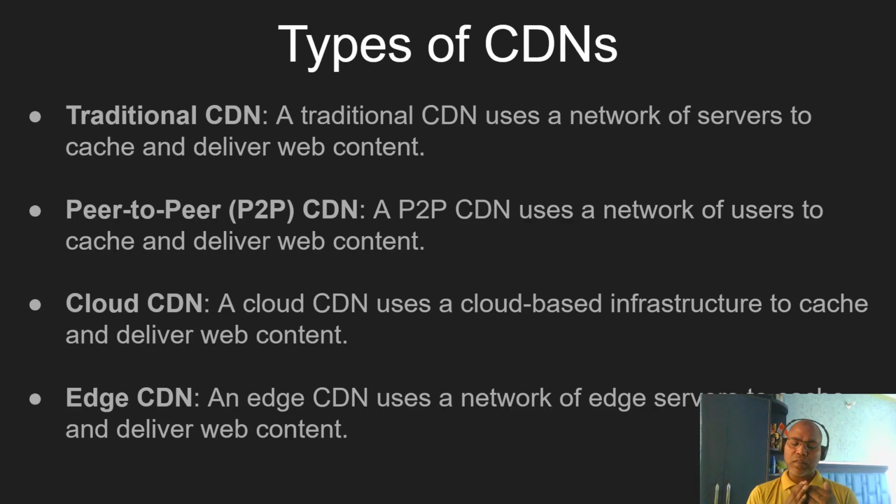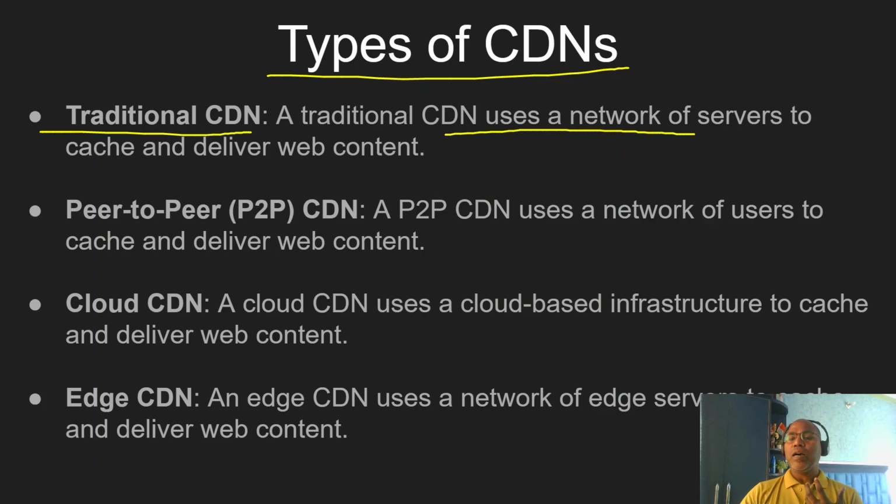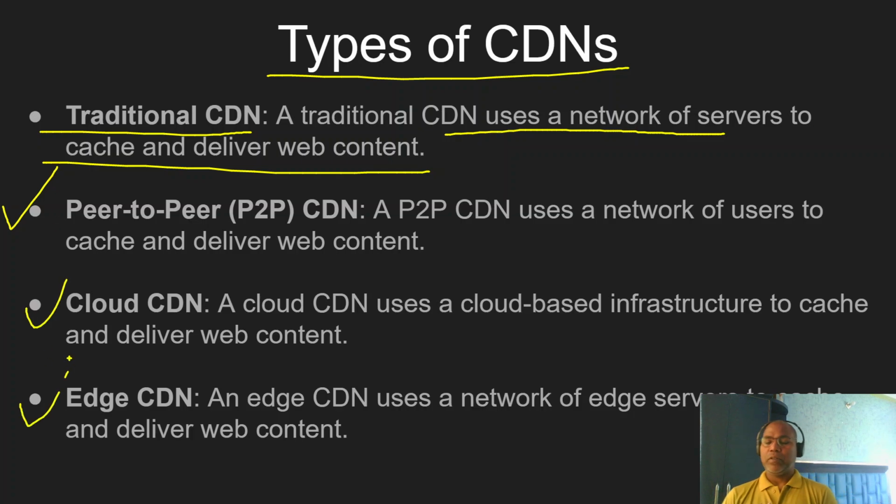Okay, let's talk about the types of CDN we have nowadays. Maybe some traditional CDN, which is used as a network of servers to cache and deliver the content. Similarly, we have peer-to-peer, or maybe cloud CDN, and maybe edge CDN. Last session we talked about edge computing.